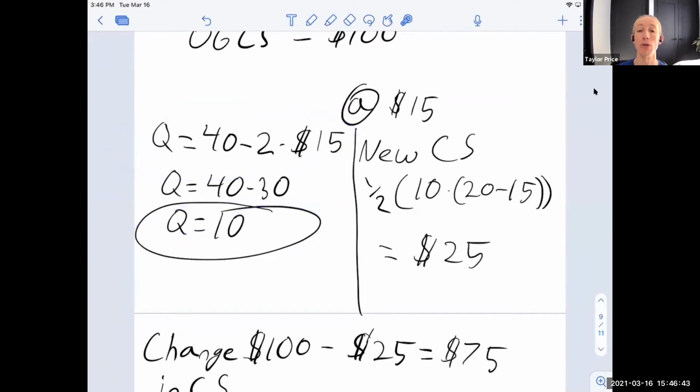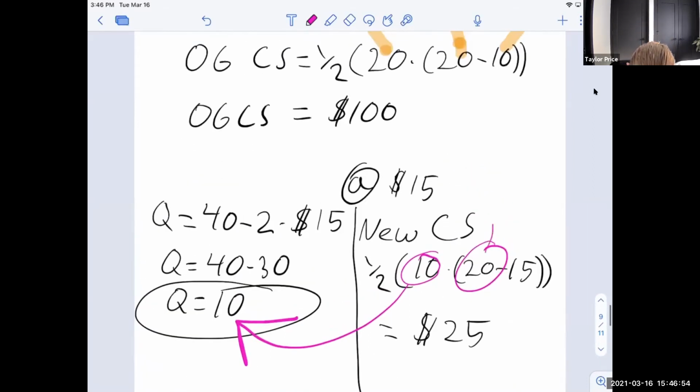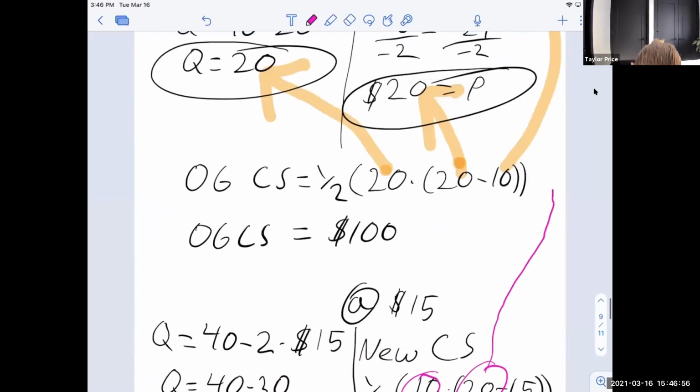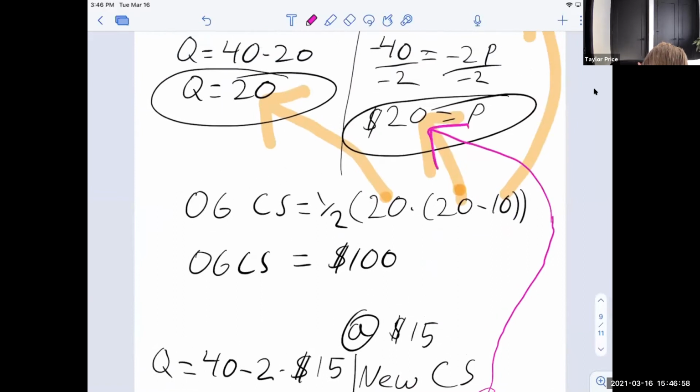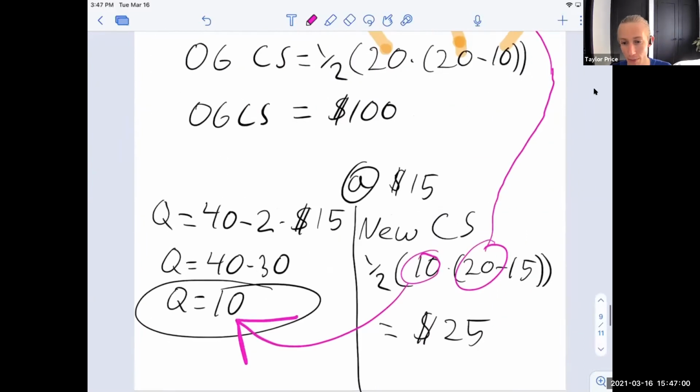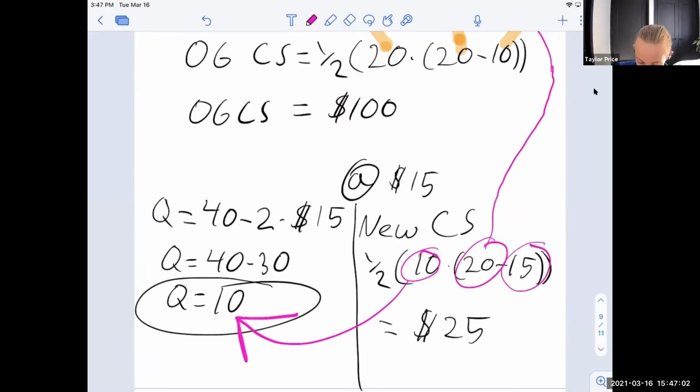And then compute the new consumer surplus, which in this case is going to use the quantity of 10, the maximum of 20, which we got from all the way up here when we computed it previously, and then the new equilibrium price, which is 15.